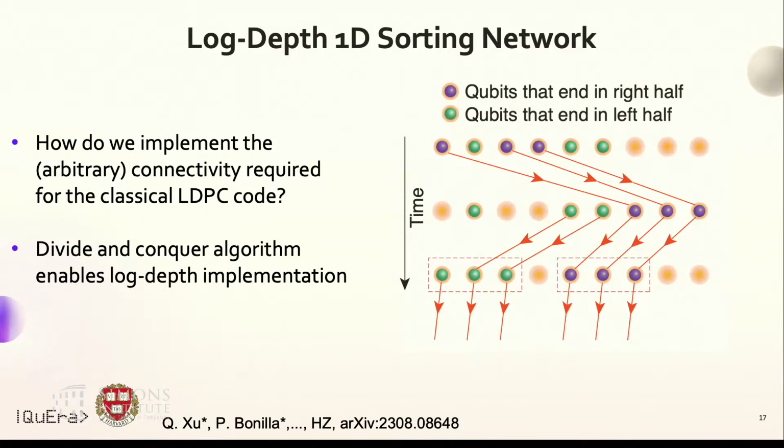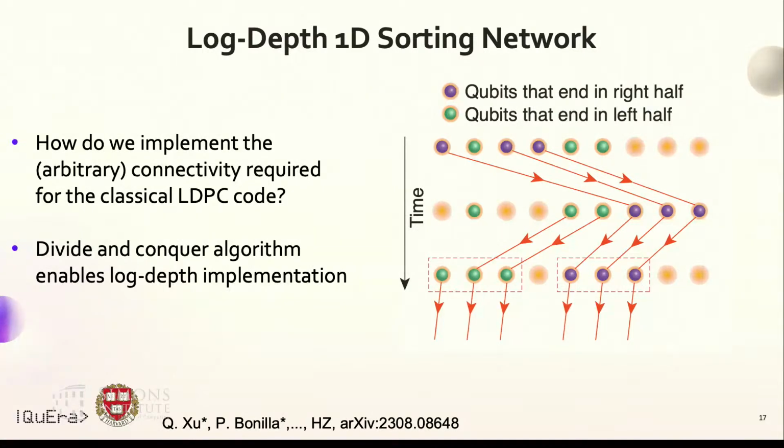You move them all out to the right. And then you can compact the workspace a little bit and recurse, right? So in one round, we've done half of the work, and then we go down one layer more. And so the number of layers that we need is a log depth. And so this gives us an algorithm to implement arbitrary sorting in 1D to implement our desired connectivity using a log number of layers. And then we take the product, we'll still get a log number.